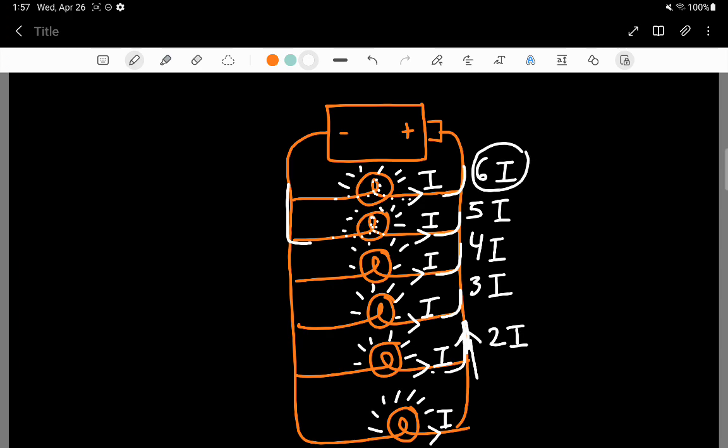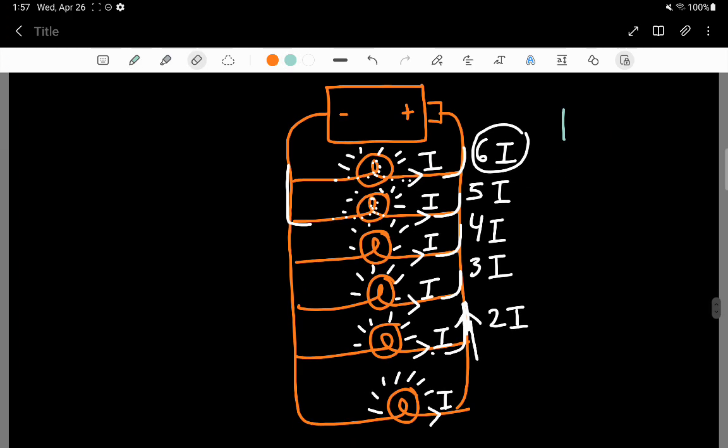When currents are really, really large, this can lead to a problem of hot wiring. And actually, that's a bad way to say that. Hot wire is something different. This is the situation where wires carry too much current.